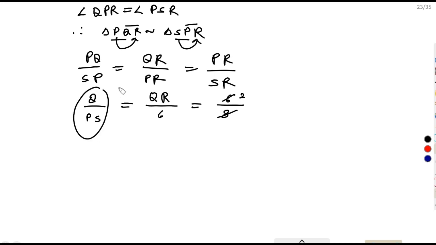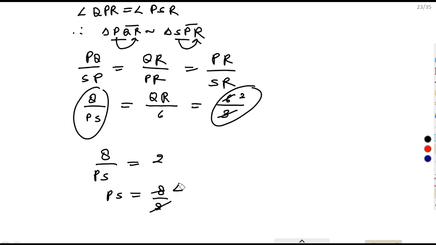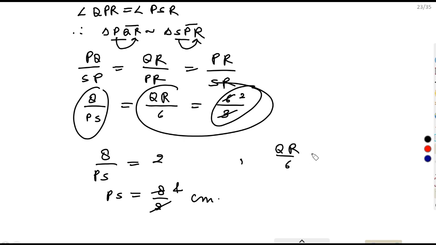First we are taking this and this. Then PS is equal to 4 centimeter. Consider these two results. QR is 12 centimeter.